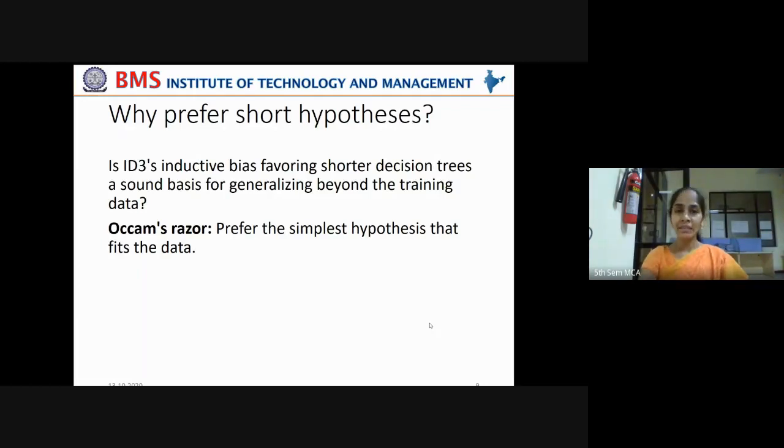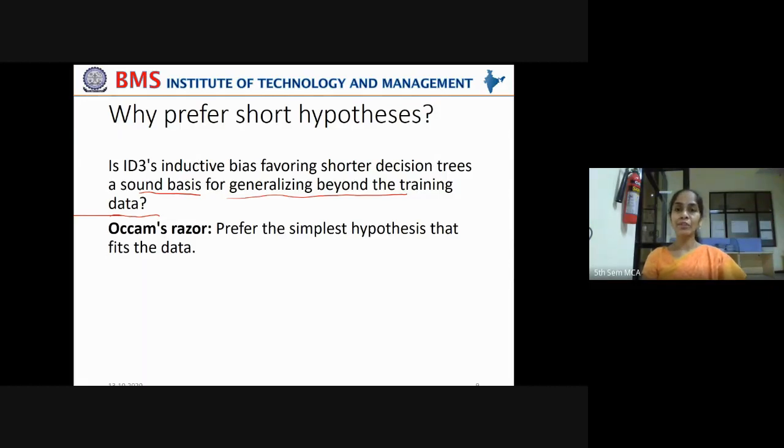Okay, is ID3's inductive bias favoring shorter decision trees a sound basis? Does it have sound support in history for generalizing beyond the training data? Is there any good support for this kind of assumption?